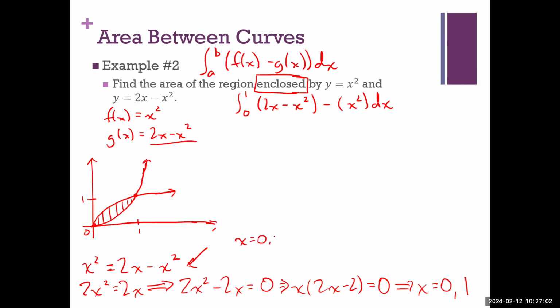When x equals 0.5, what is x squared? 0.25. And what is 2x minus x squared? 1 minus a quarter, so 0.75. So I think that confirms that the way we set this integral up is correct. The graph and the one little test point we took agree with each other.